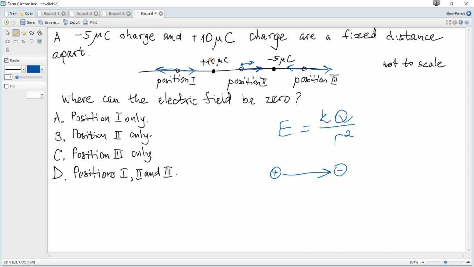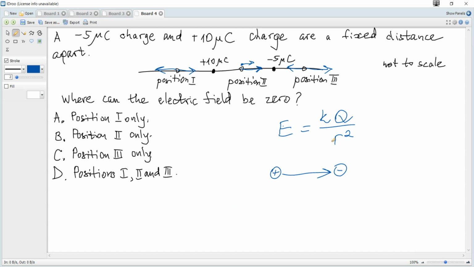And for plus 10, it has the greater charge, so it has the greater numerator, and it has also the greater denominator, because distance is also greater. Hence it may be a situation something like 5/20 is 1/4.